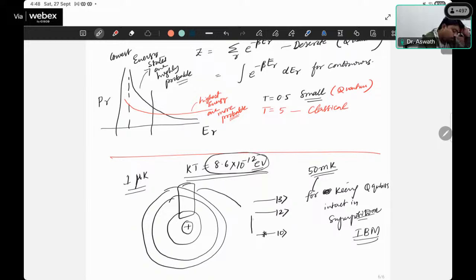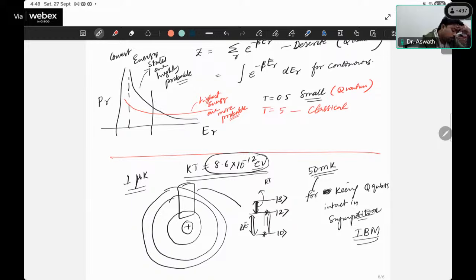If I supply a photon of energy equal to the separation delta E, the electron would go and sit here. Now I have to worry if the surrounding energy or temperature supplies energy equivalent to this value, kT. If that kT is more than this separation, what happens?